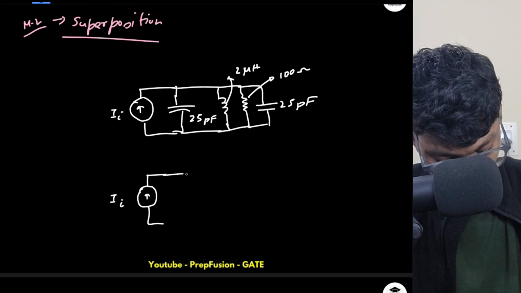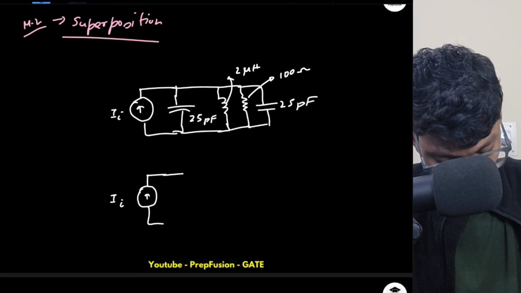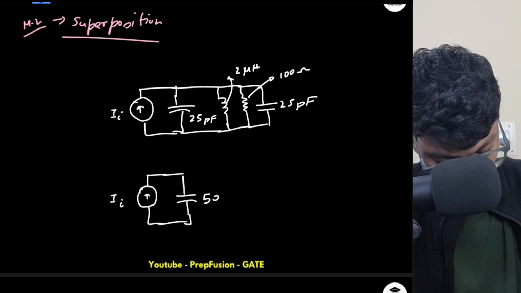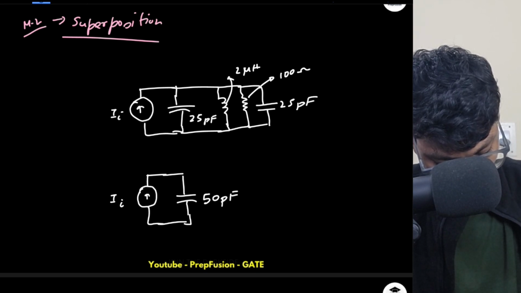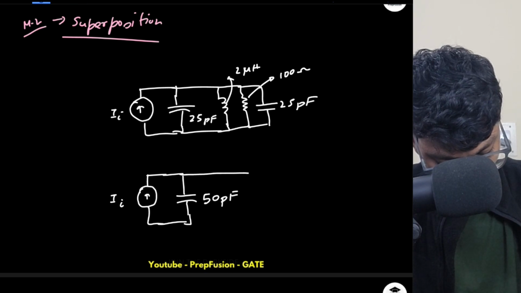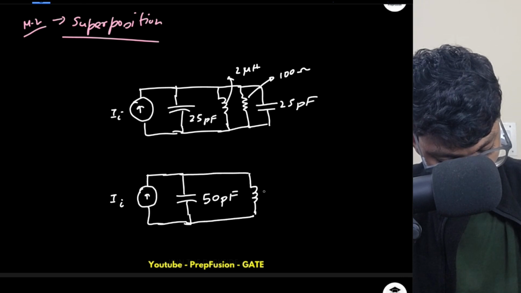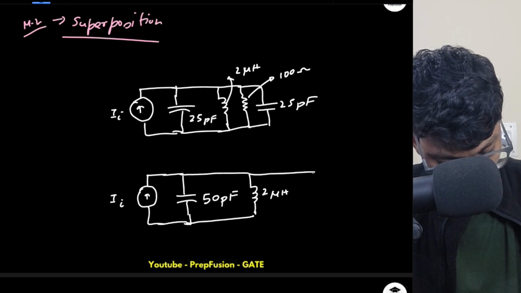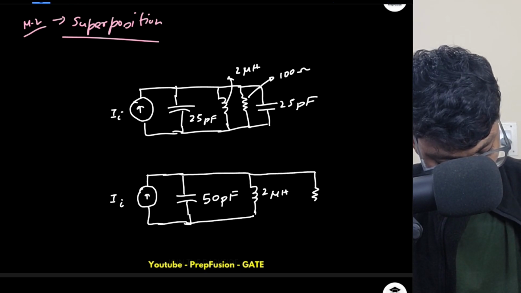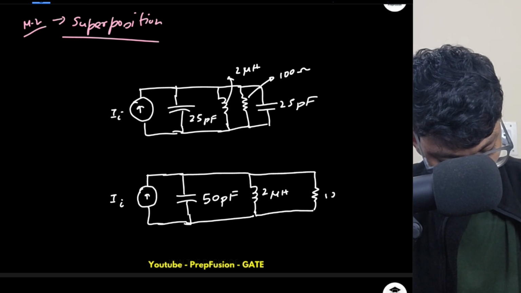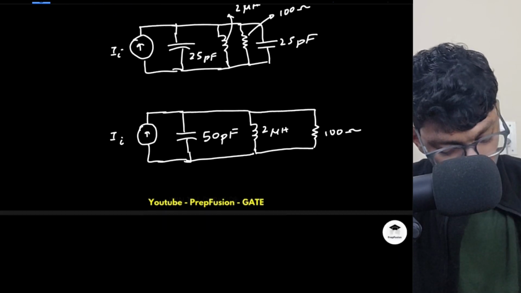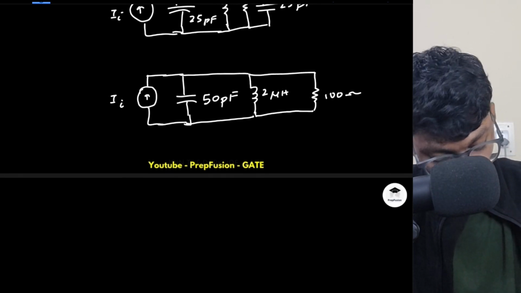So these two capacitors are here, so it will be 50 picofarad, inductance is 2 microhenry, resistor is 100 ohms.